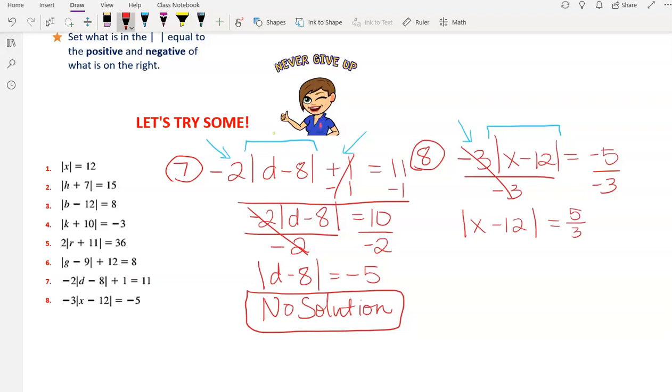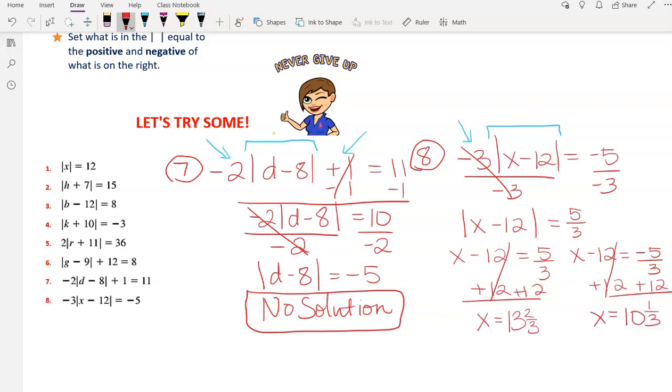We go back and take what is inside the absolute value bars and set it equal to the positive, and we take what is inside and set it equal to the negative. And then we solve our one-step equation. And we have our final answer that x is equal to 10 1/3 and 13 2/3.